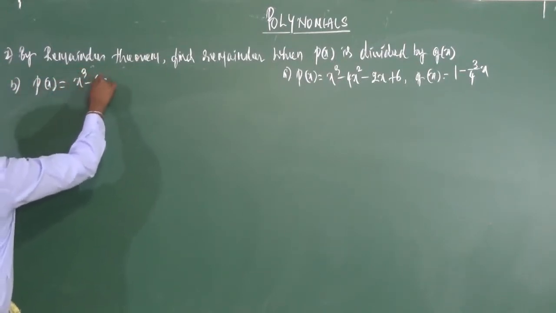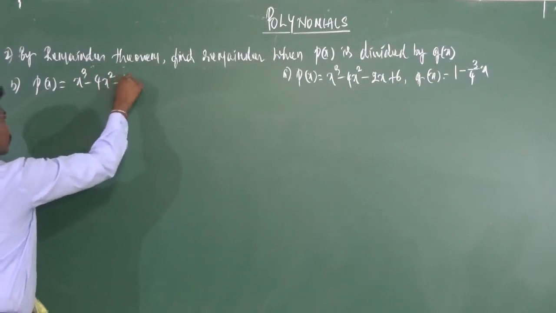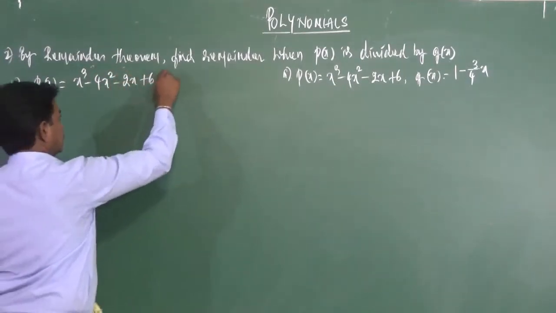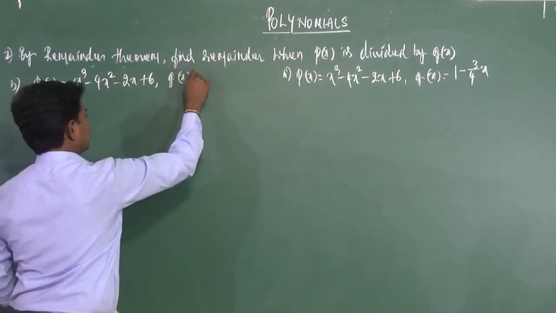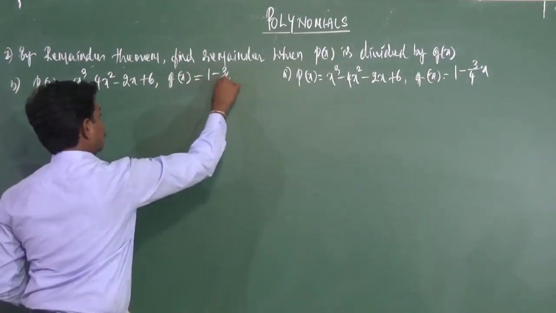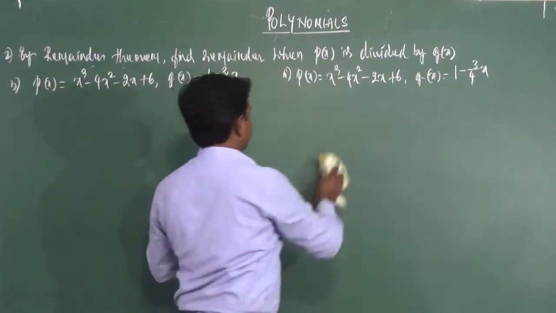X cube minus 4x square minus 2x plus x, and g of x is equal to 1 minus 3 by 4x. Okay, very important.